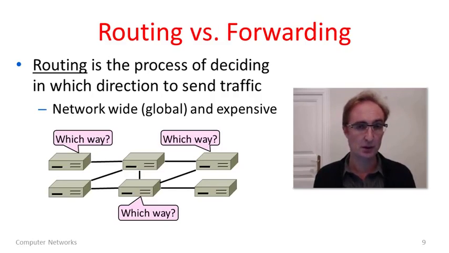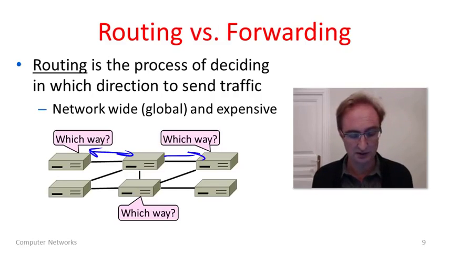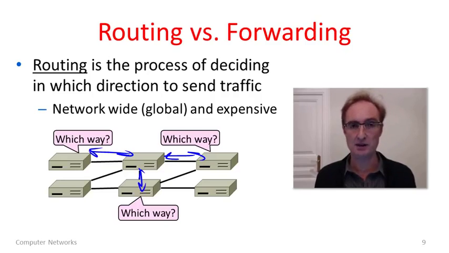This is a process in which all of the routers participate. So routing involves talking to all of your neighbors and saying, hey, who's where, and do you know who's over here, and generally working out what is the best way, the best links you should use to send to reach all different destinations. So it's a network-wide process where everyone agrees on things. It's global, and because of that, it's relatively expensive.